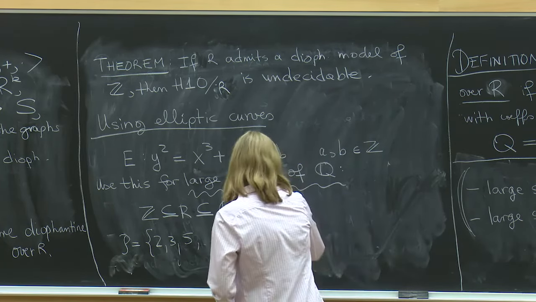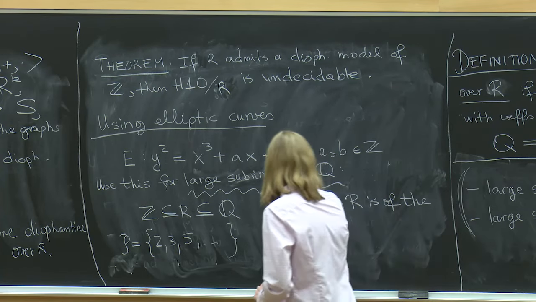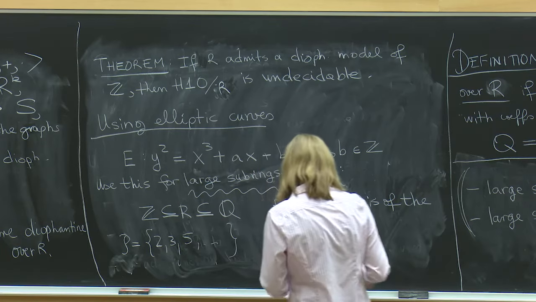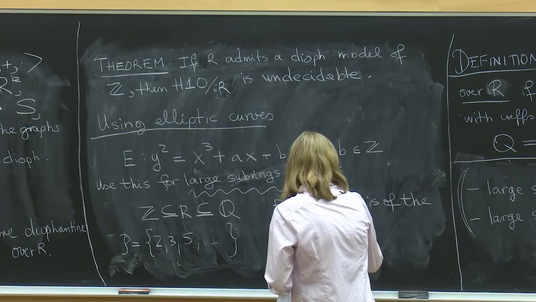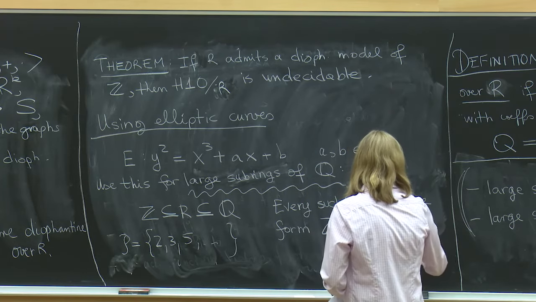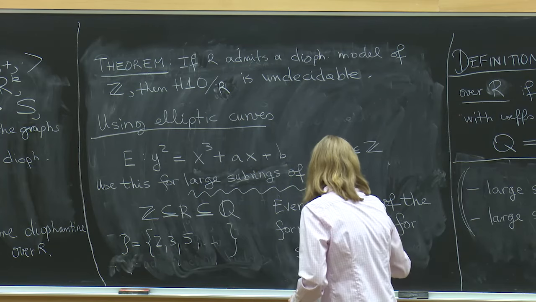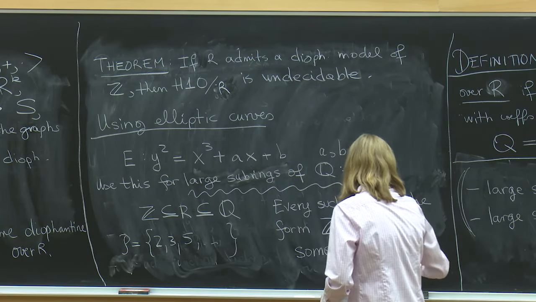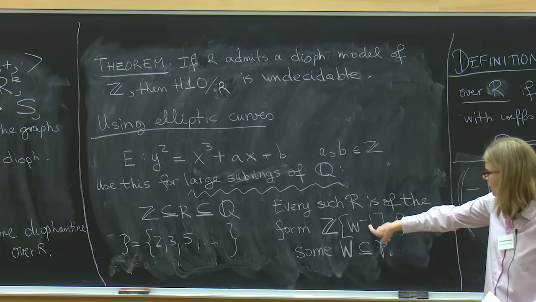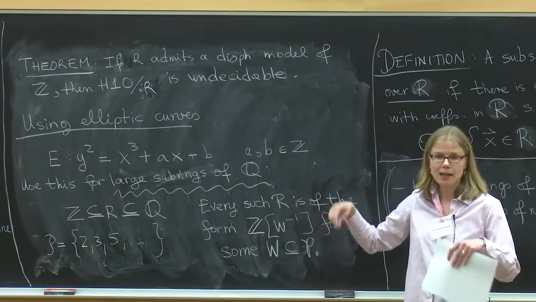So every such R is of the form Z adjoin W inverse for some W that sits inside the set of primes. By W inverse, I just mean the primes that are in W I allow as denominators.